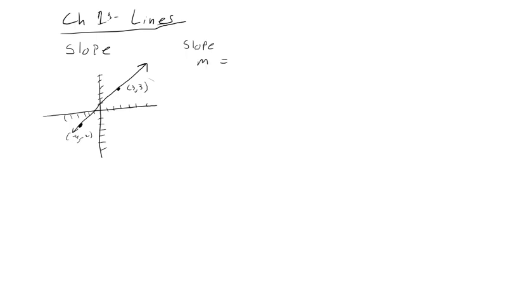Slope we calculate with the letter m, right? And slope is always rise over run, right? So we can imagine, this is all Algebra 1 stuff. Just a little reminder. We have rise and we have run.